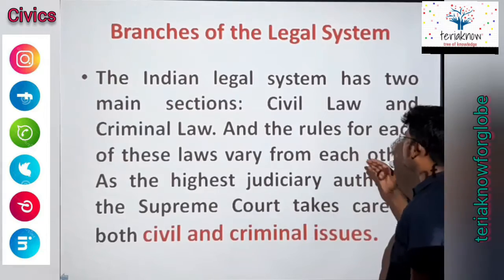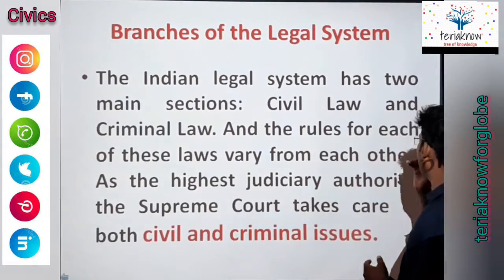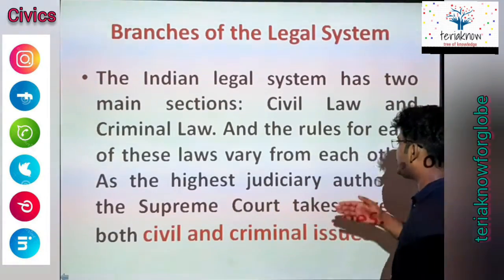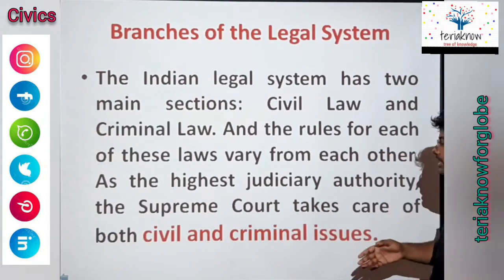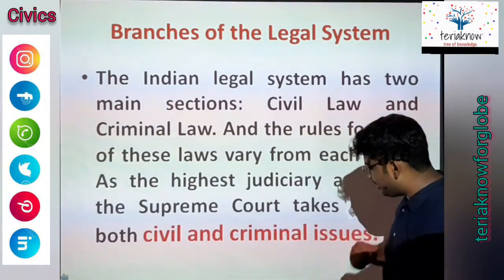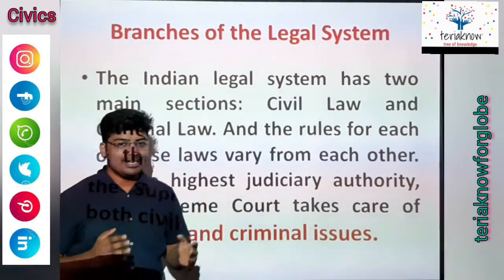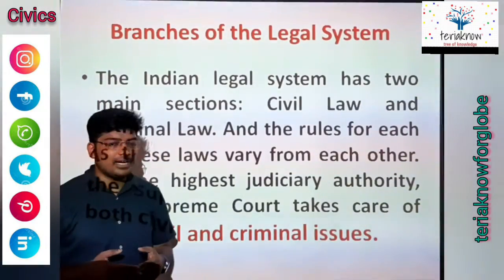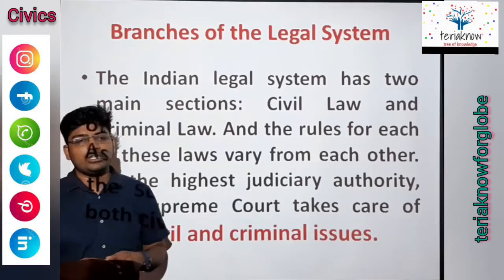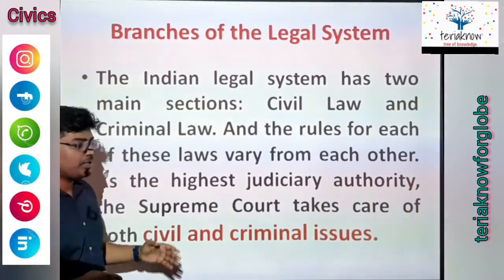The rules for each of these laws vary from each other. As the highest judicial authority, the Supreme Court takes care of the civil and criminal issues. It means both kinds of cases are justified under the highest authority of India in terms of judiciary, that is the Supreme Court.